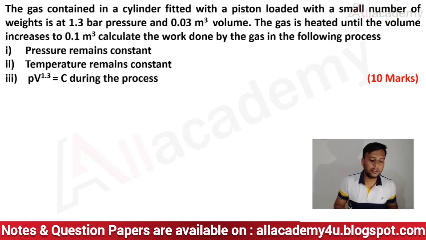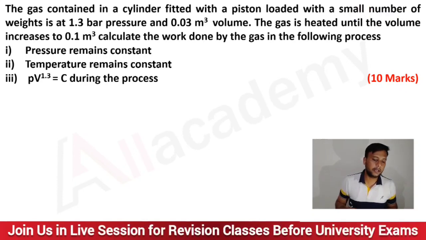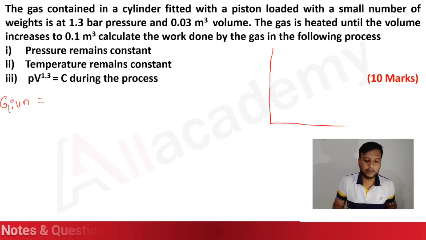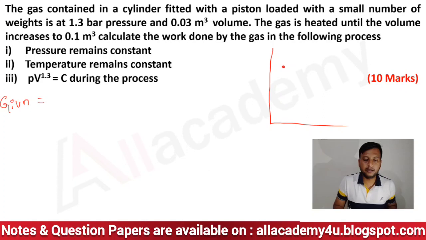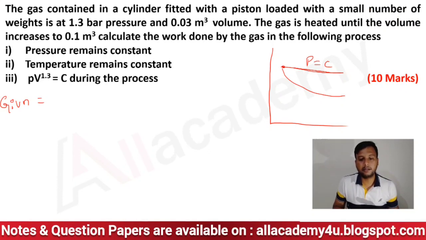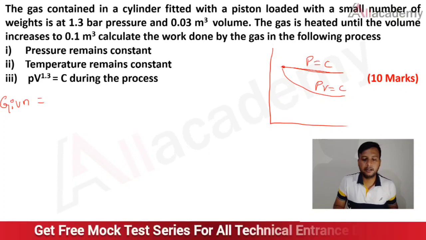Before that, let us note down the given data from this problem. I'll draw a simple PV diagram, hope you get some idea from it. The first time the process takes a path of constant pressure, P equals constant. The second is the constant temperature process, the hyperbolic process, where PV equals constant. The third is a polytropic process, PV raised to 1.3 equals constant.